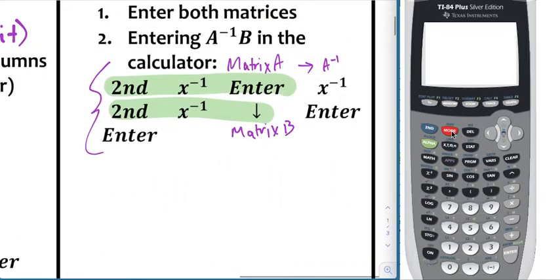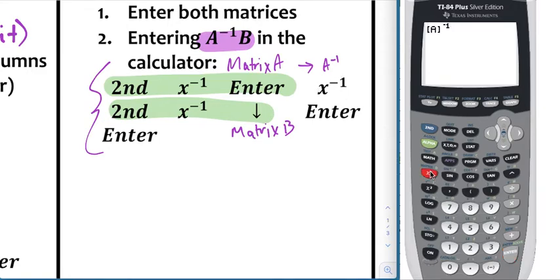So this is something you guys really need to lock in. A inverse B is like the golden key for solving matrices. All right, so we would do exactly what we just did. We would go second, x to the negative first, and we would enter our A. So if I have already made matrix A, I would just say second, x to the negative first, and I would press enter, and that selects matrix A. And if I want it to be an inverse, I would press that x to the negative first power like we say in your notes.